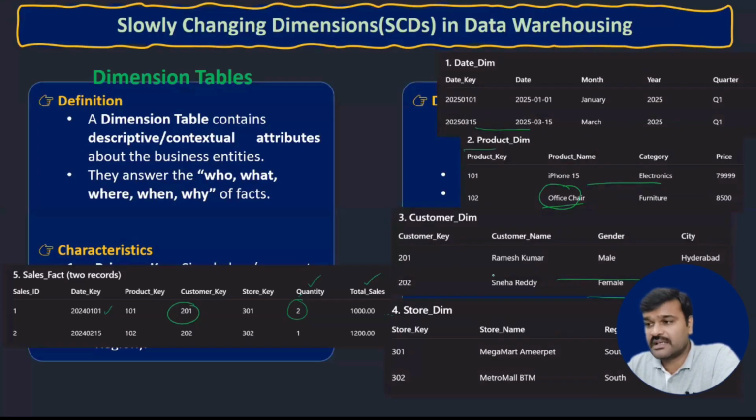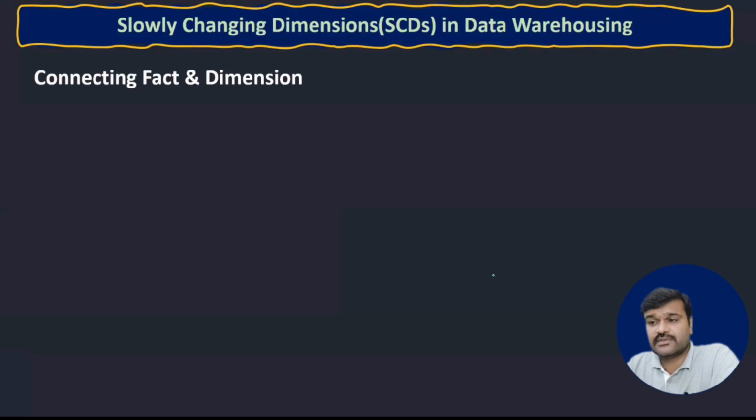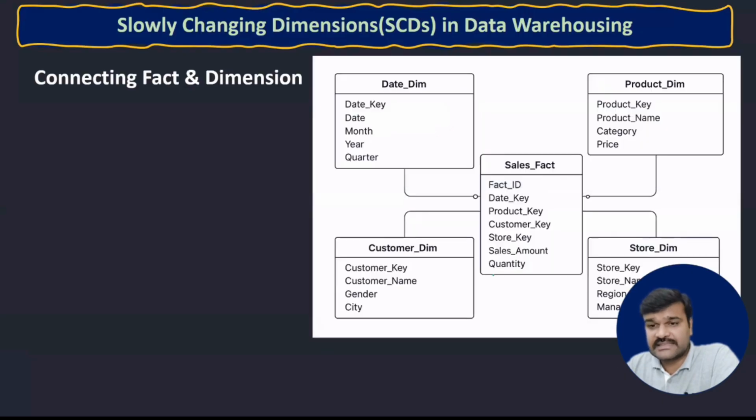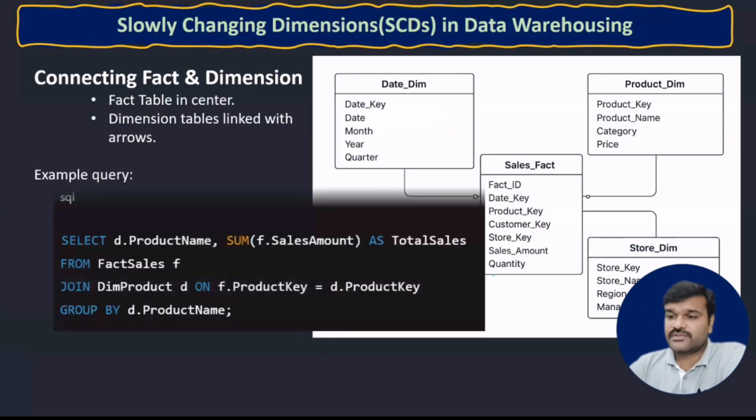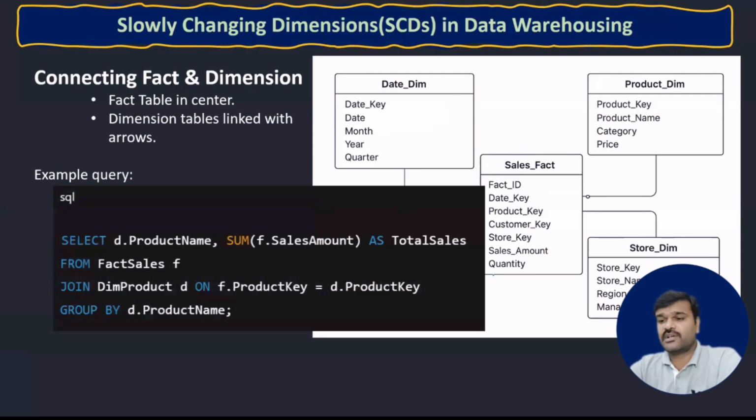If you observe overall, this is what dimension and fact tables are. If you connect them, as we discussed, the fact table is always at the center, and it is going to be connected with the dimension tables. If you see the simple example here, if you want to identify product wise how much sales is happening, you see always it is a combination. The fact table is in the first position. That is the joins related concept.